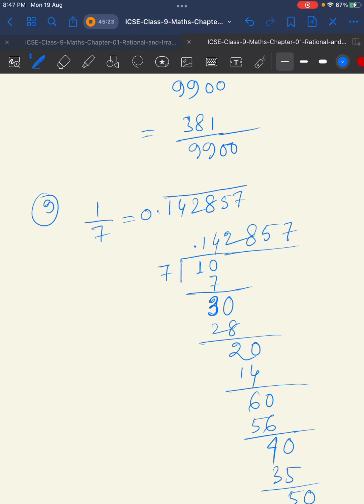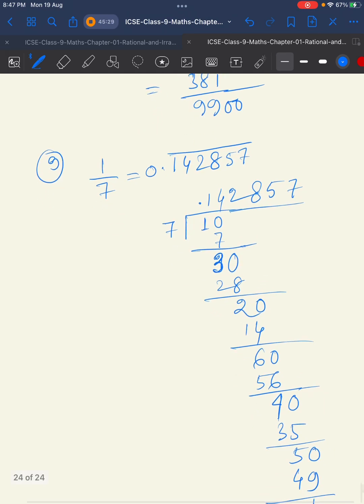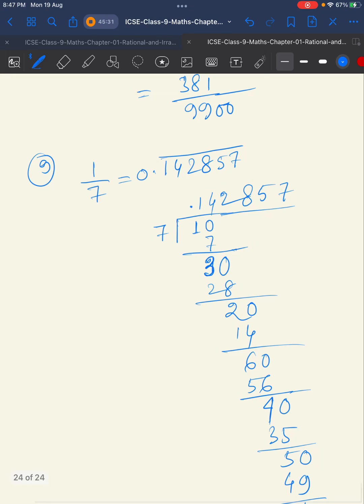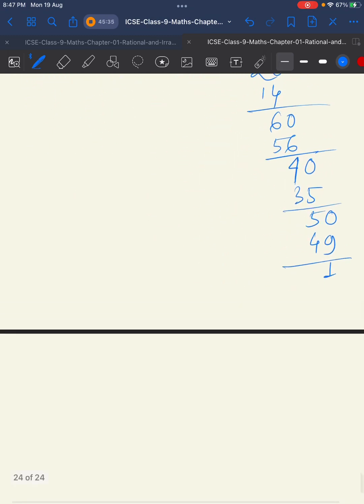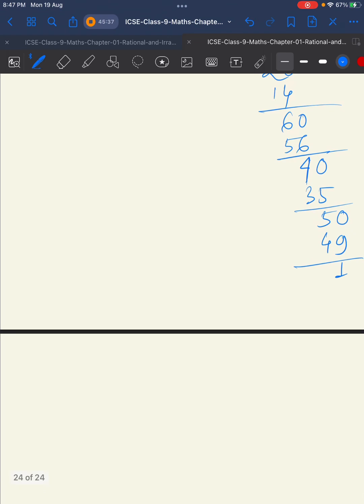0.142857 bar. Then 142857 will be repeated again and again, so the quotient is 142857 bar. Now here you see 2 by 7, the decimal representation of 2 by 7. You can write 2 by 7 as 2 into 1 by 7.